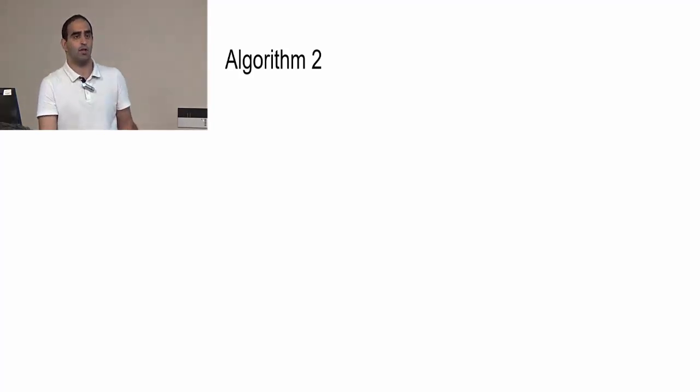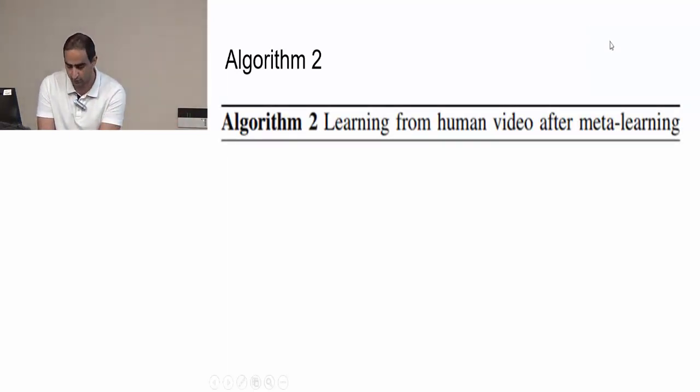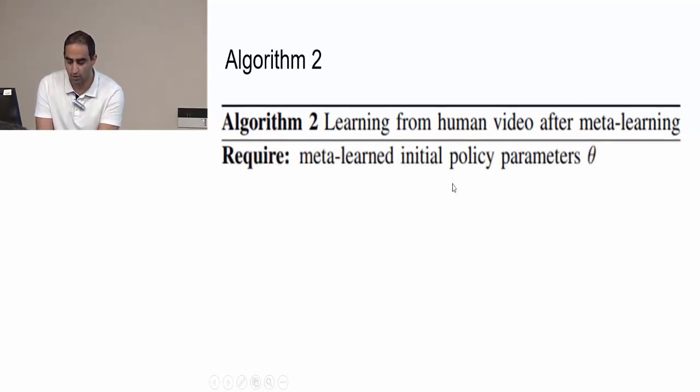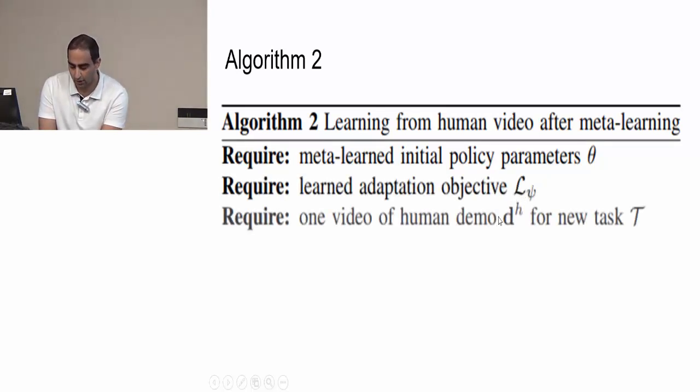After we learn theta and psi, we need this algorithm to adapt to any new task or human demonstration. This other algorithm is called learning from human video after meta learning. We know the parameters theta because we learned them from the previous algorithm. We know L psi. And we also have one video of a human demo DH, and we want our robot to look at this and learn to perform the task.